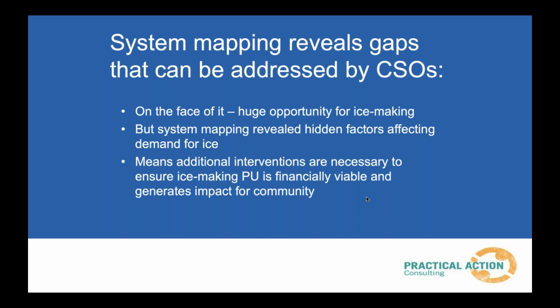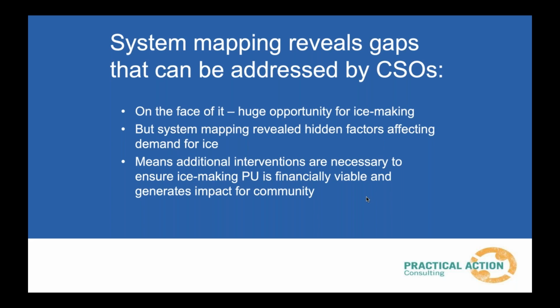It's not enough just to provide energy access and build an ice making facility in order to make that application viable and generate impact. For example, you might need to provide training to fishers and to community leaders to show them what the benefits are of improved handling and cold storage.